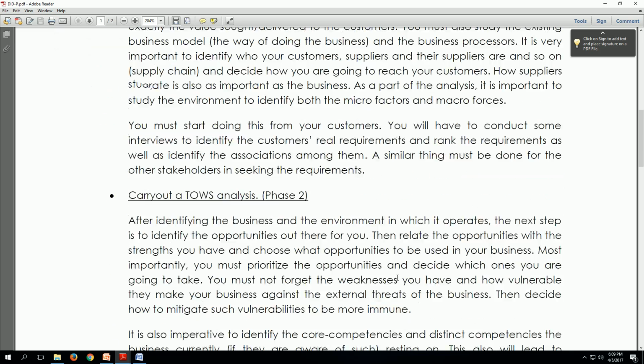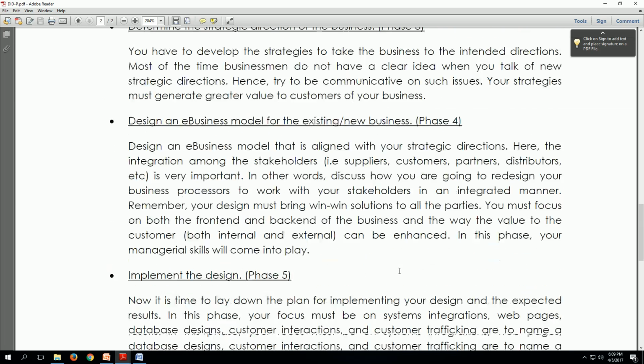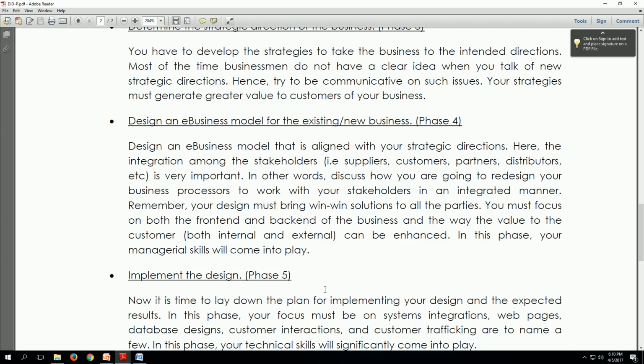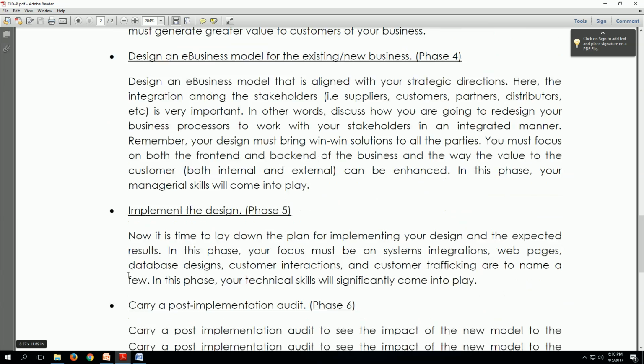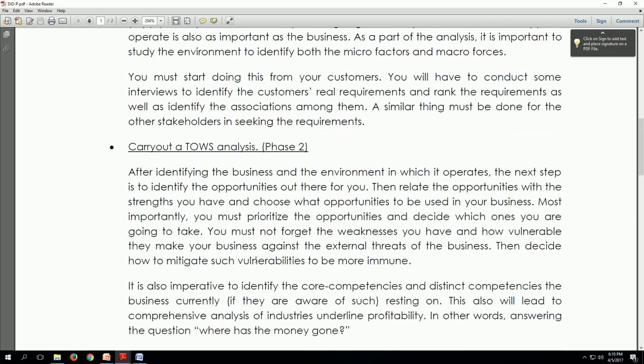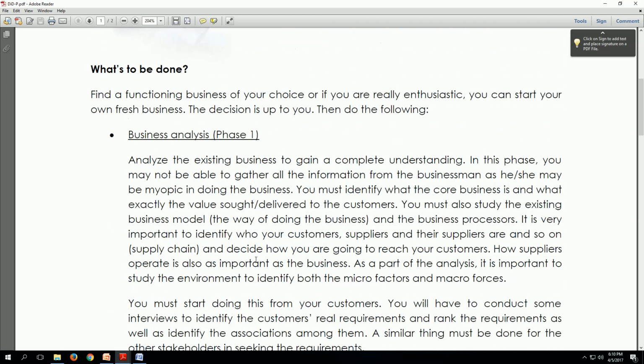So there are namely 4 phases. The implementation phase is not something, these 2 phases, though I included them here in the project, I'm not really serious about these 2, but the other parts are very important. So what you need to do in this project is that there are 2 options.